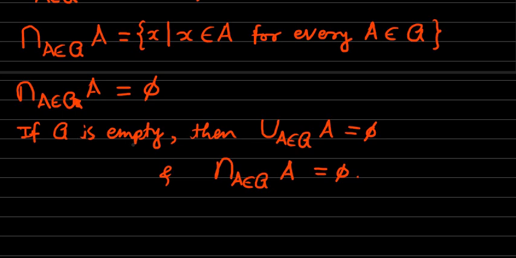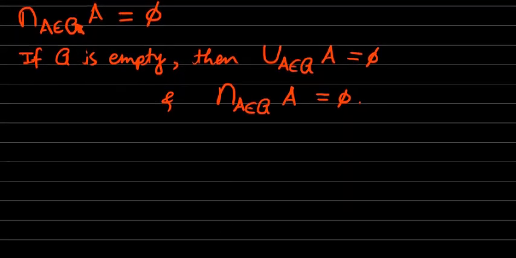Next one: if script A is empty, and X is a universal set, then what happens?